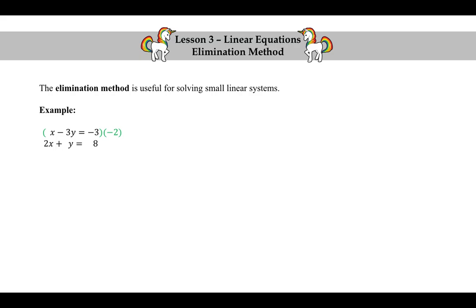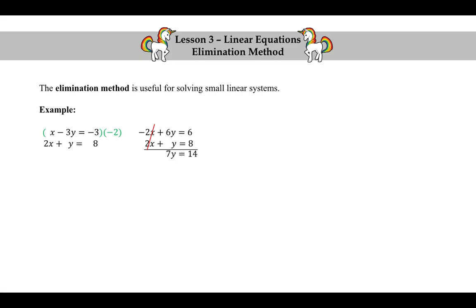Multiplying the first equation by -2, for example, will do the trick, because then we get -2x + 6y = 6. And when we add this to the second equation, 2x + y = 8, the x's will go away, right? Because -2x + 2x is 0. We also have 6y + y equal to 7y, and 6 + 8 equal to 14.